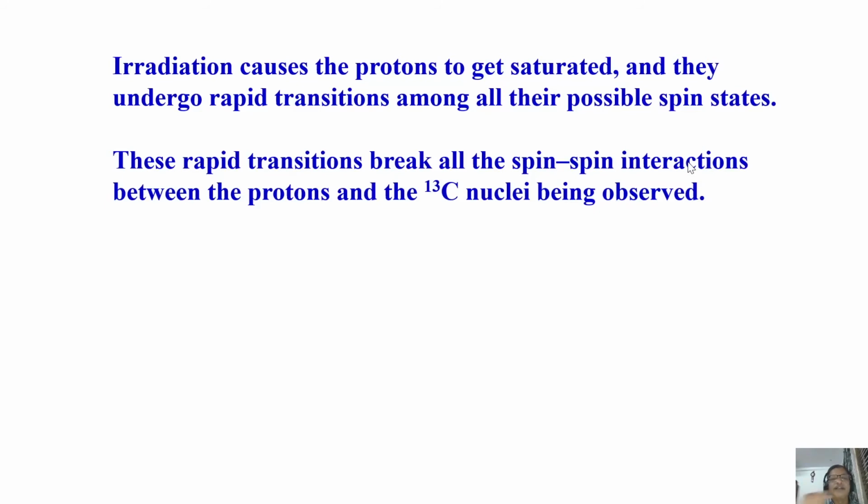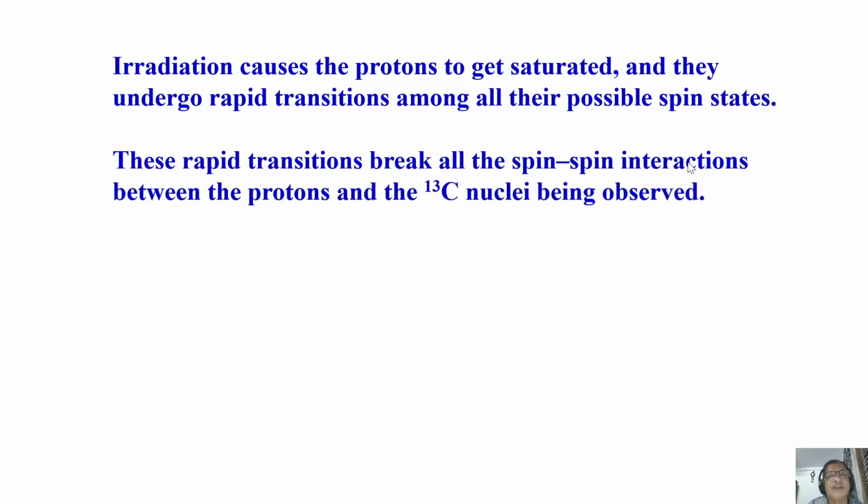It doesn't see the proton spins residing either in the alpha state or in the beta state, because you are applying the power in such a way that you are saturating, making the spin population equal, and there is a rapid transition going on. As a consequence, the detected nucleus carbon 13 will not see the proton in either alpha or beta state, so it breaks all the coupling. It is as good as saying there is no energy separation at all, like a degenerate state.